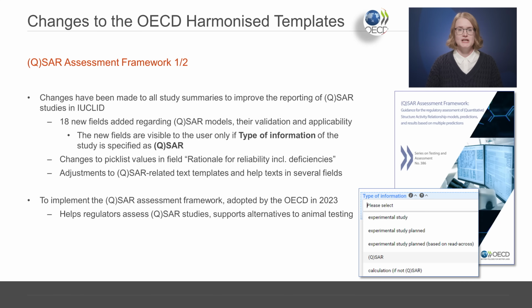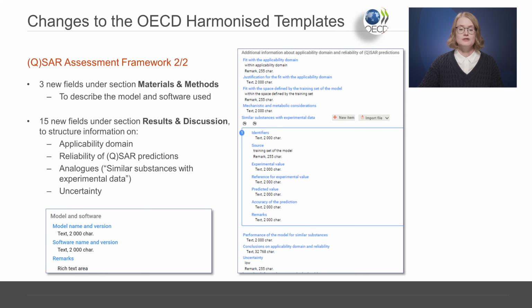And these changes are essentially the implementation of the QSAR assessment framework, which was adopted by the OECD in 2023, and which helps regulators assess QSAR studies and enhances confidence in accepting alternative animal-free methods for chemical hazard assessment.